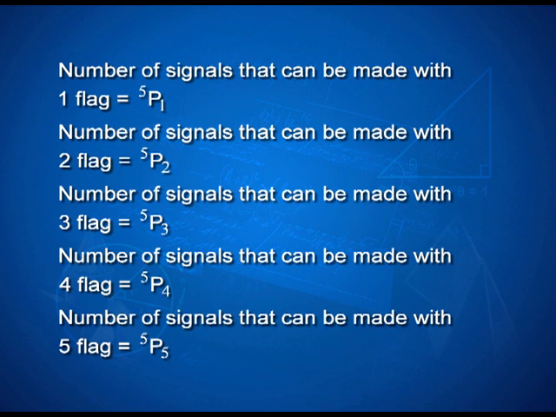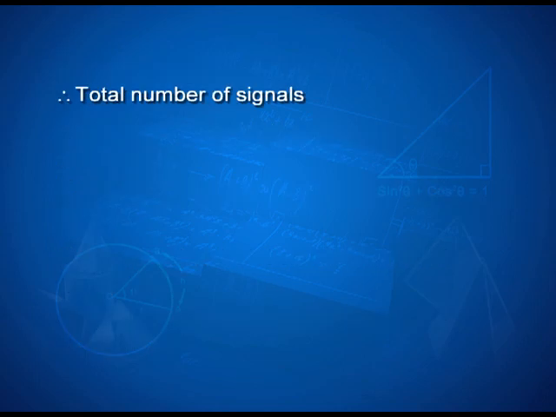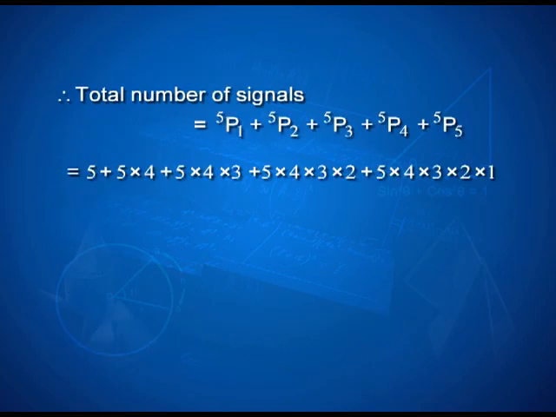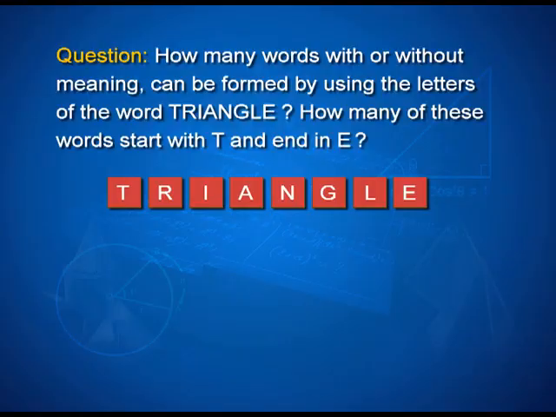They are in the language of addition, following the principle which says that either 1 flag or 2 or 3 or 4 or 5 flags are taken, and therefore, the total number of signals that can be formed by using any number of flags comes out from this calculation. 5P2, if you care to look, will be nothing but 5 factorial by 3 factorial, which would simplify to be 5 times 4, and similarly for the others, and the total number that comes out is 325.